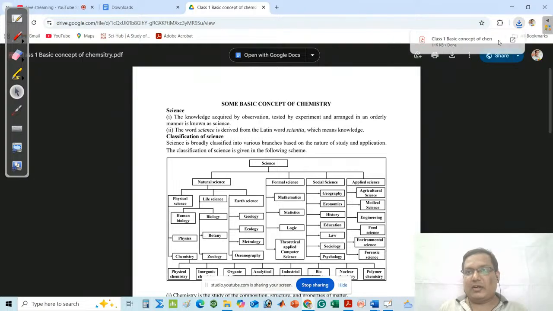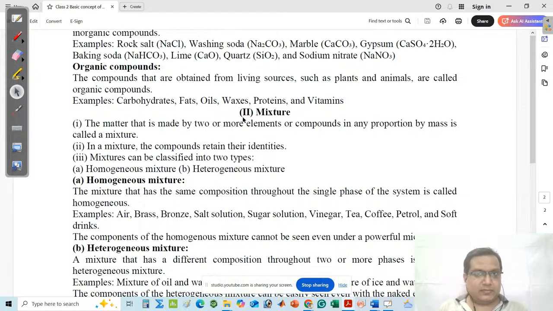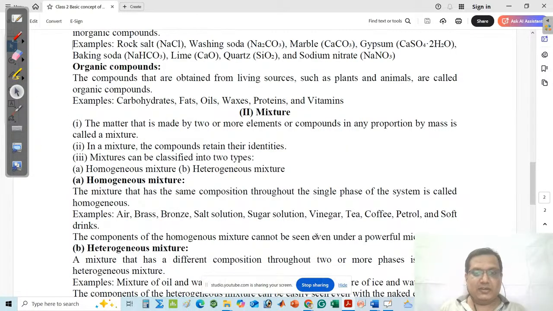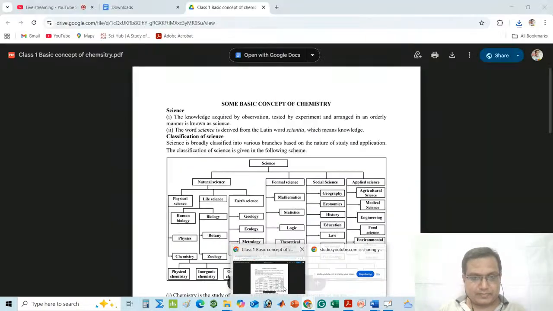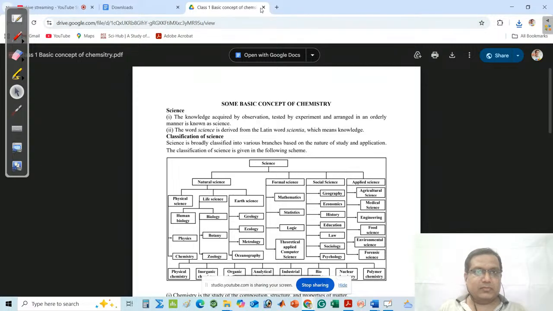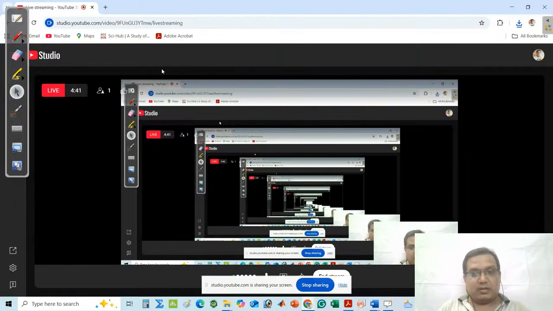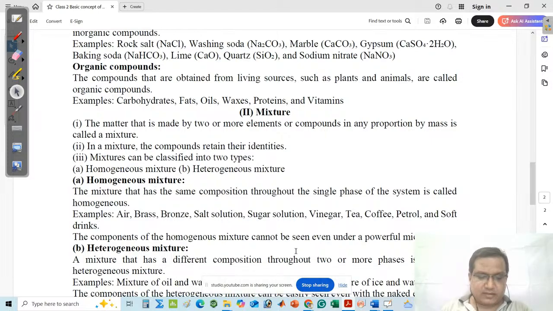Now this is your download file. Like that you can go to another web link and download all the notes. After downloading the notes, it is better to bring a class notebook and note all the contents in your notebook.